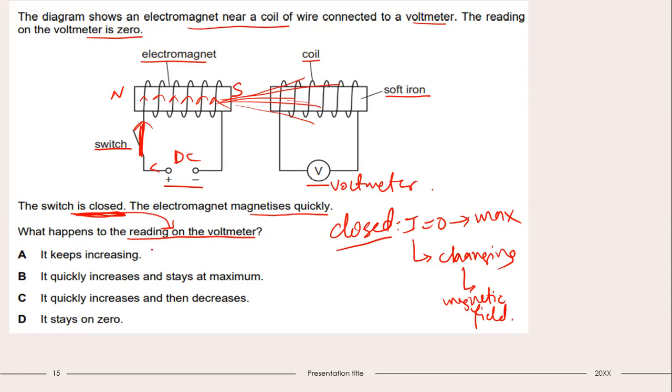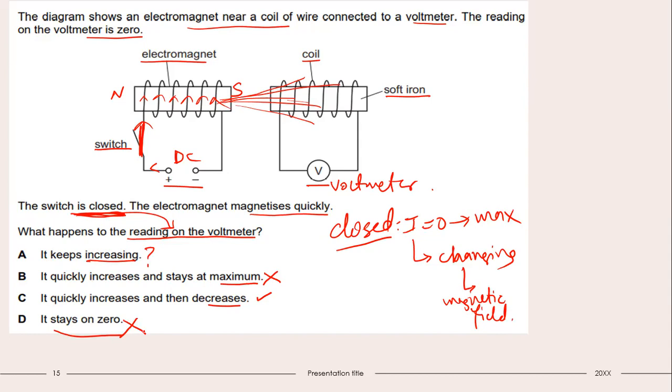So what happens to the reading on the voltmeter? It keeps increasing. Okay, maybe. It quickly increases and stays at maximum. No, it quickly increases and then decreases. It can happen. It is always 0. No. So you have to choose two options from A and C.